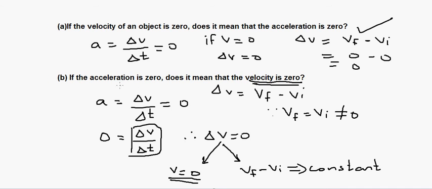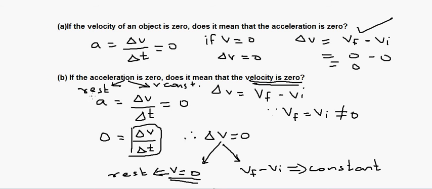So if the acceleration is 0, there are two possibilities. First, the body is at rest, that is v is equal to 0. Second, the velocity is constant.